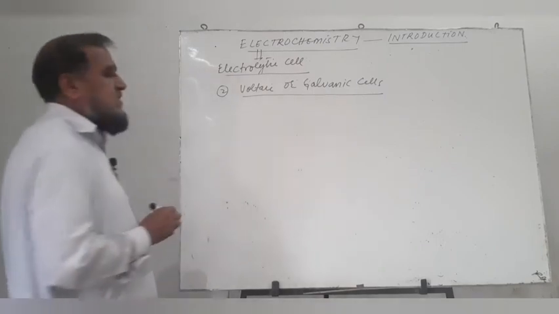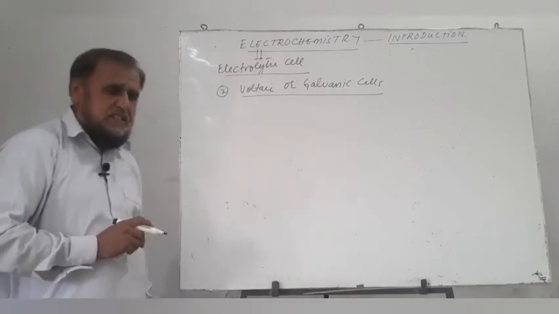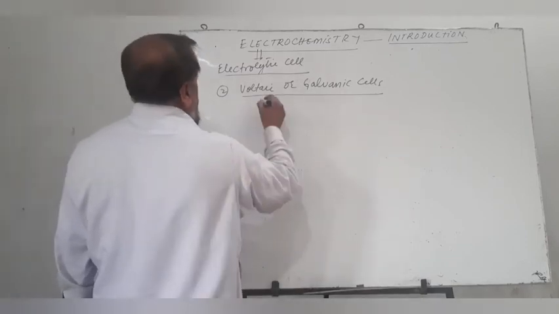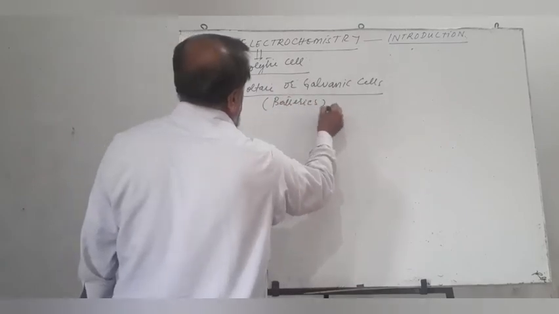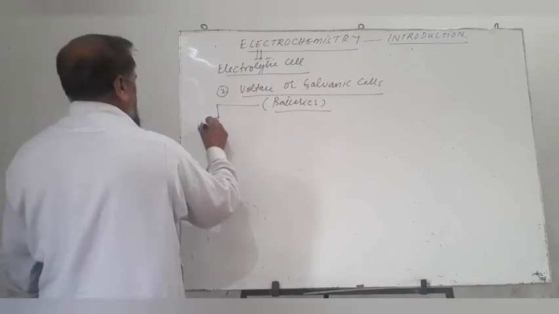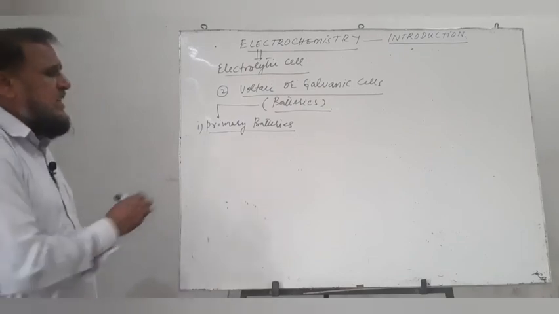We had already discussed that Voltaic cells or galvanic cells are the devices in which a spontaneous chemical reaction takes place and generates electrical energy. These are also known as batteries. There are different types of batteries, the first being primary batteries. These batteries are irreversible.